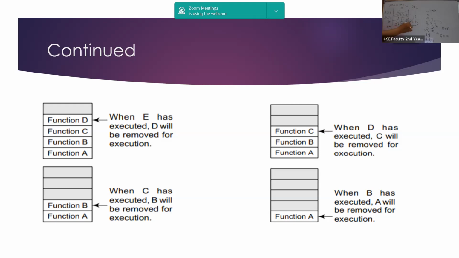This value will be returned to this, and it will be popped. From here we get 1 into 1 into 2, and this value will be popped and returned to this. So 1 into 1 into 2 into 3 will be calculated as 6, and this will be popped. Is it clear?